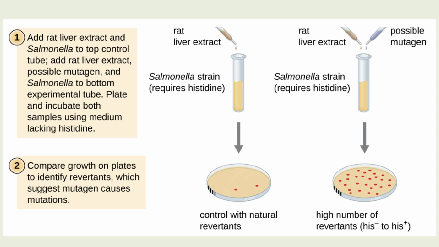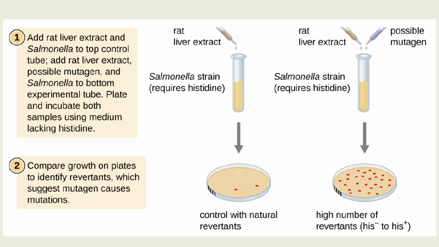Now, after a time of exposing these cultures, in this case to this potential mutagen, both of these are going to be plated on plates that do not contain histidine. So these bacteria are plated on media lacking histidine, and the number of mutants that regain the ability to synthesize histidine will be recorded by counting the number of colonies on the plate.